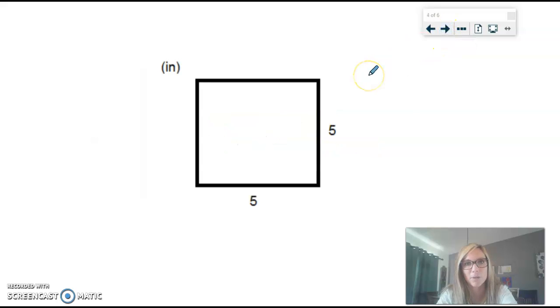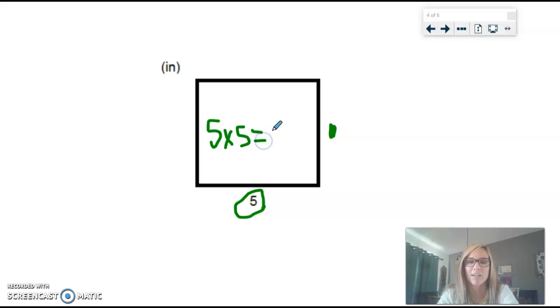Okay, this next shape is a square. So I could actually cover this up because you guys would only need to know that it's 5. Okay, because we would then know that all the sides are 5. We only measure the 2 sides though. So we would do 5 times 5, which again, you guys know how to count by 5s. 5 times 5 is 25.